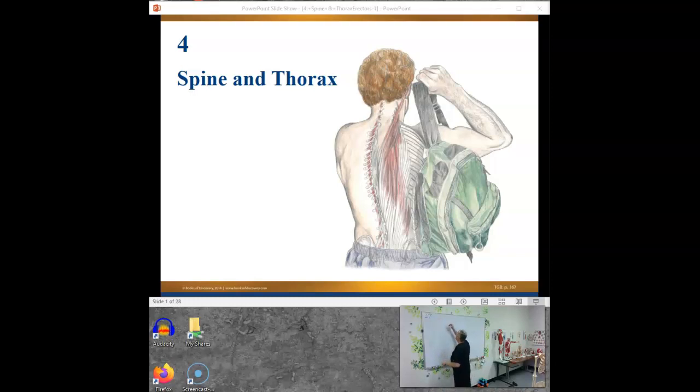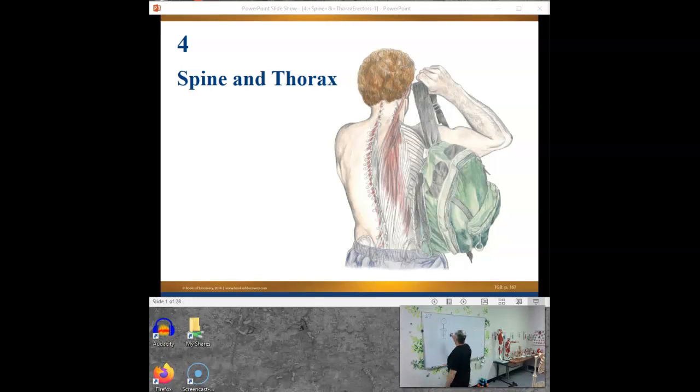If this is your back, things like your spinalis, longissimus, and iliocostalis are not really one muscle. But it behooves us to talk about them as though they're one muscle. So let me give you an example.